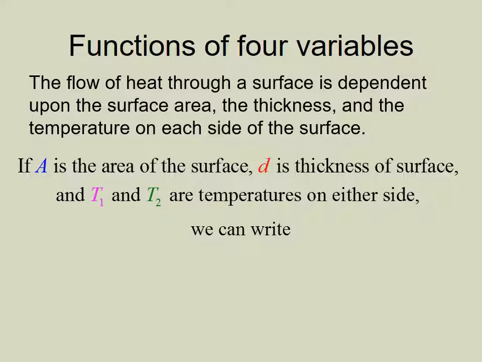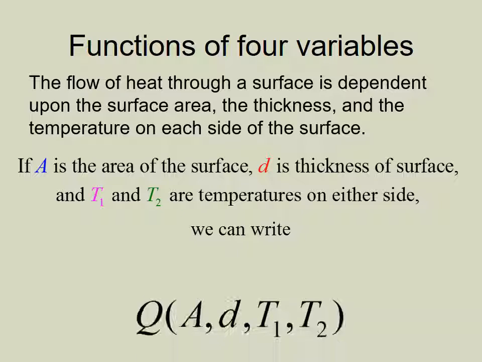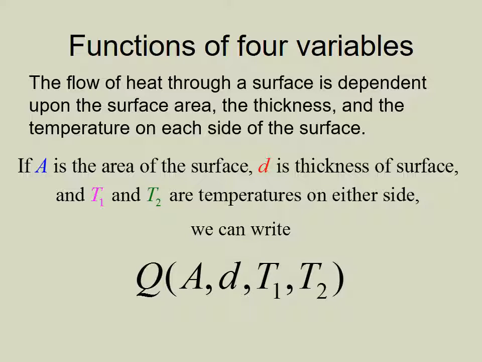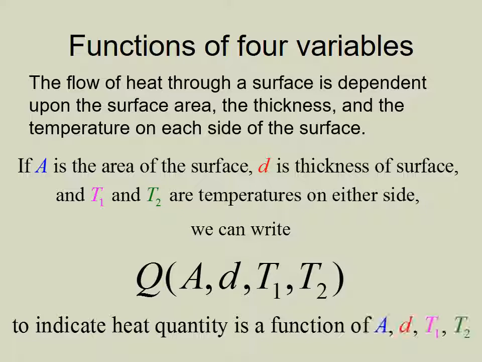So we would write a function similar to this. Now, it would obviously be somebody's job to come up with what that function is. And actually, this is something I did in my third semester physics class. So Q, representing heat quantity, that's a traditional letter for heat quantity, is a function of four variables.